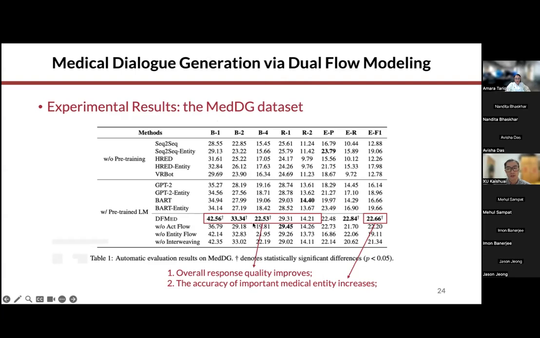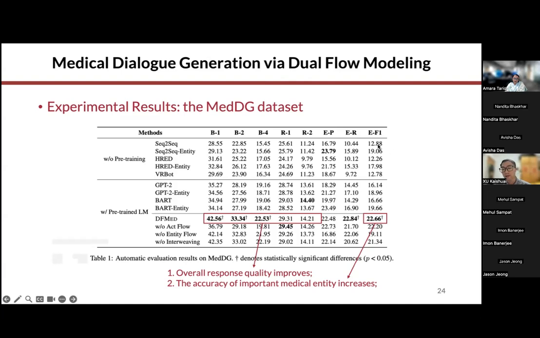These two metrics indicate that our overall response quality improves compared with the baseline models. Since our work is at quite an early stage and there were not many strong baselines at the time, we use GPT-2 and BART, which are all basic models.